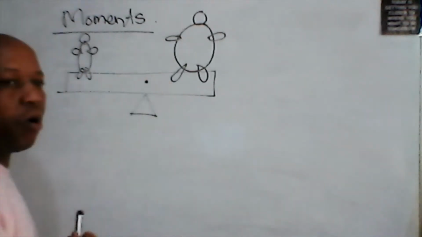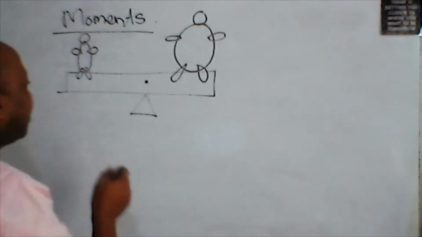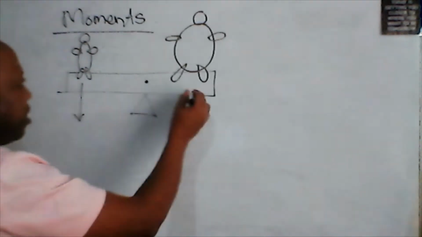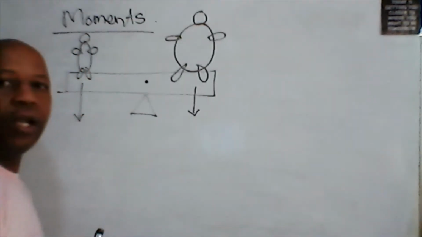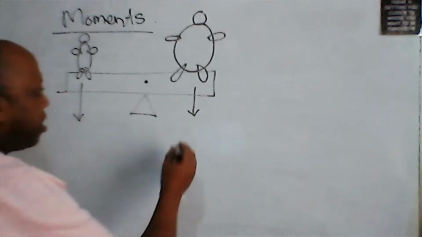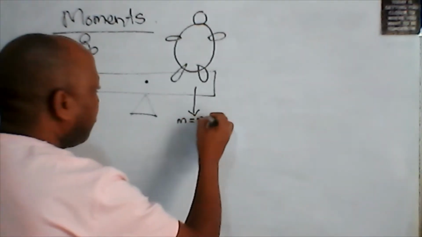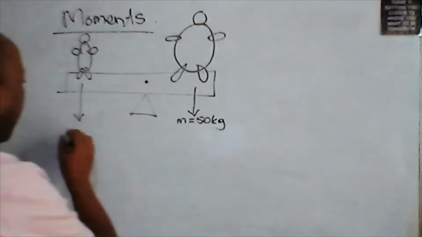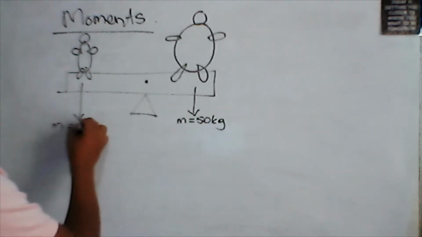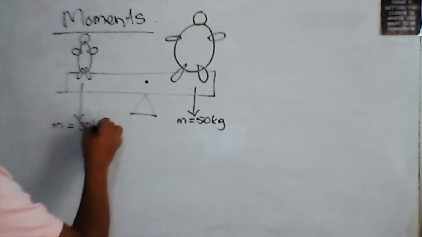Those two people obviously are applying a certain force on the seesaw depending on what their masses are. The mass of this person is 50 kilograms. The mass of that person is 30 kilograms.